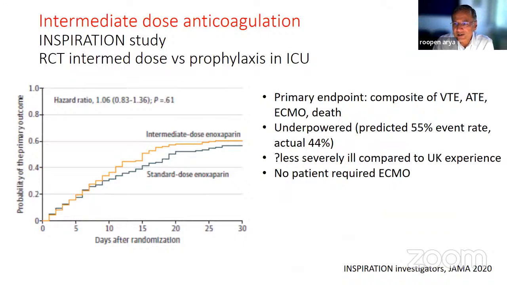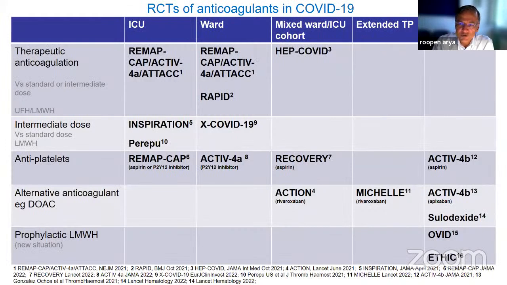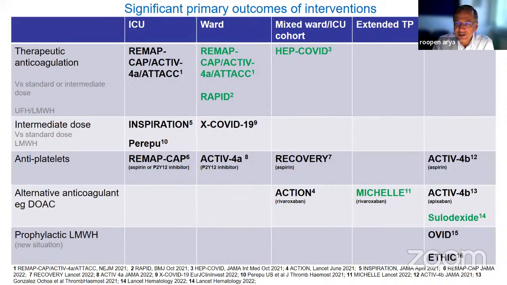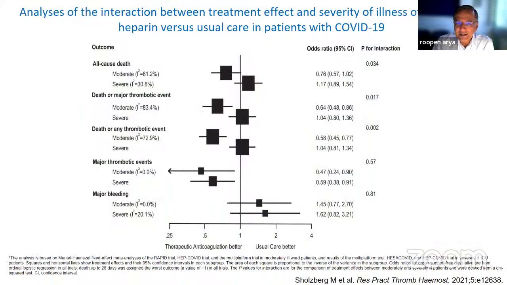Again, there was a study in critical care patients of intermediate dose anticoagulation, which was underpowered, that did not show any benefit. So these were the RCTs at the time. The ones in green had the so-called positive results, showing that in moderate patients there might be some benefit in terms of reduced need, a 4.5% absolute reduction in the need for organ support.